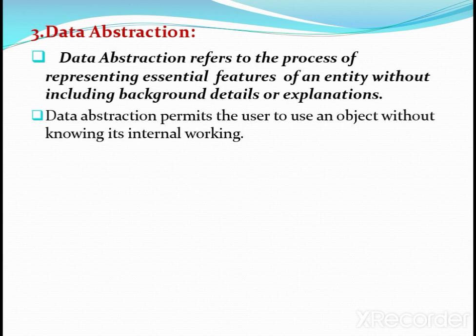We are interested only in using the mobile and its features. So it is required to know how to operate the mobile phone and its other features without knowing the background details of its design aspects. So it permits the user to use an object without knowing its internal working. That is about data abstraction.